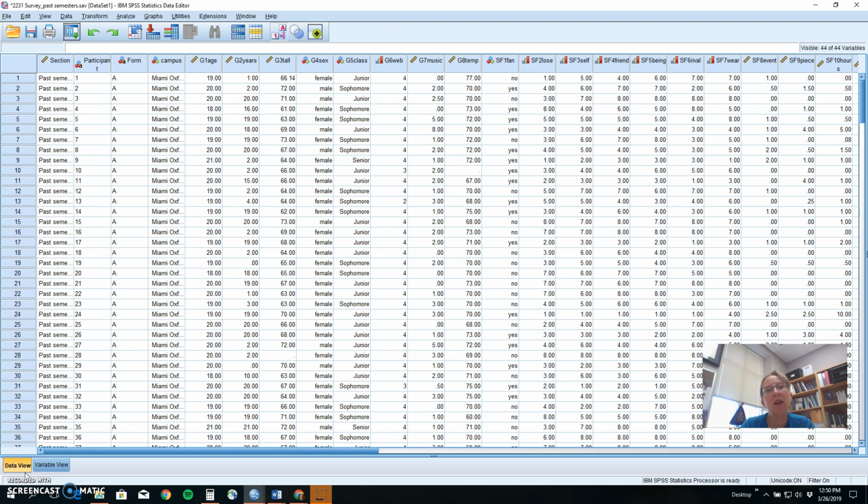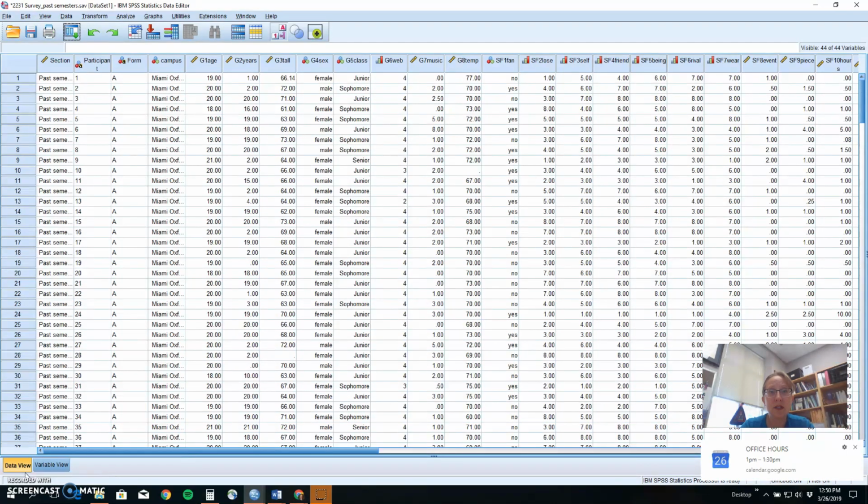So we will start with a one-way between subjects ANOVA, where we are assuming we have a nominal or ordinal independent variable, and we have an interval, approximately interval, or ratio dependent variable.